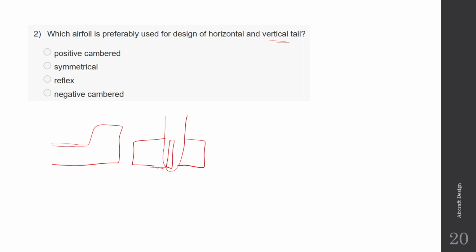You can see that the tail has been attached like this along the plane of symmetry. If it produces any unnecessary sideways forces, it will cause an unnecessary yawing motion. That is why the vertical tail, at least, is always symmetrical.